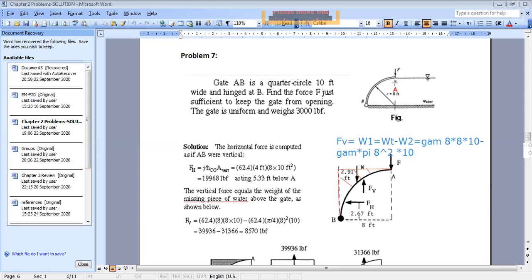Last time we found another method, because the surface was horizontal. If you have a horizontal surface, you can find the pressure at each point because it's on the same level. But here, the problem is your points are at different locations. So, for example, the pressure at this point, you know it.